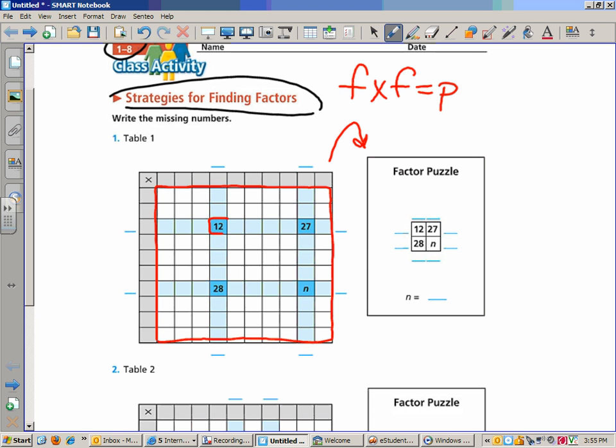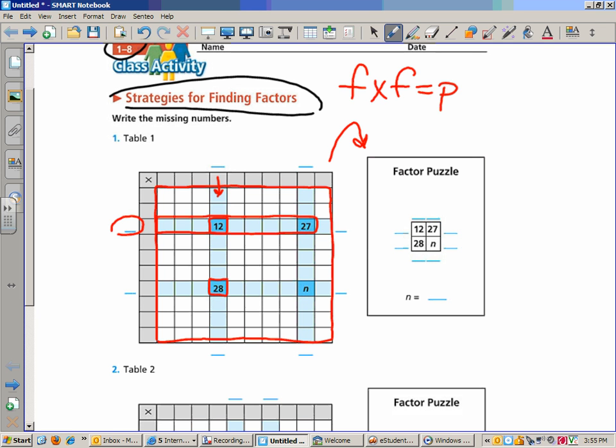So within this column, we have the products 12 and 28. What we're trying to figure out is what factor 12 and 28 have in common. We also want to look at the opposite side, where we have 12 and 27, to figure out this factor.